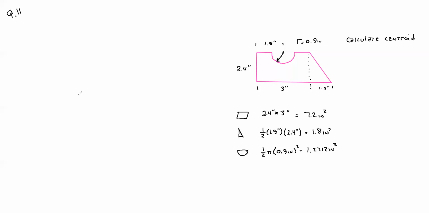You may recall from your previous work that a table is an excellent way to go about our arithmetic, so that's what I'm going to use as well. We need the area of each shape. There are 3 of them.